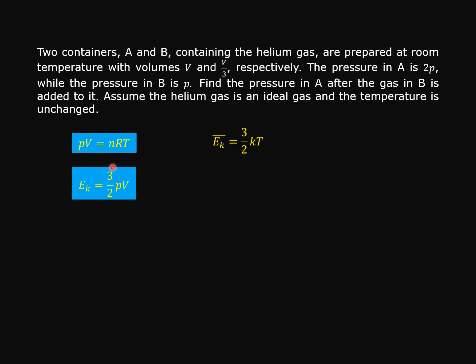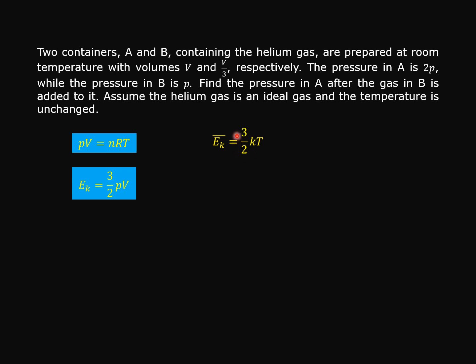This equation for the total translational kinetic energy for the monoatomic gas is derived very easily from this formula, which is the average translational kinetic energy for monoatomic gas, which is 3/2 kT.